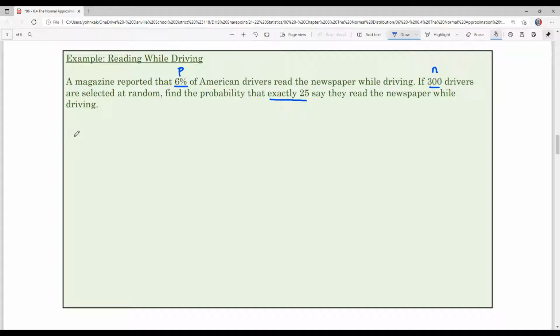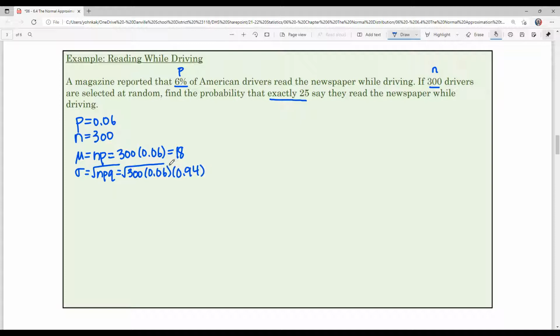So first, let's calculate what our mean and standard deviation are. Our p-value is 0.06. Our n value is 300. So our mean is equal to n times p, which is 300 times 0.06. That's going to give me 18. My standard deviation is the square root of npq, which is the square root of 300 times 0.06 times 0.94.